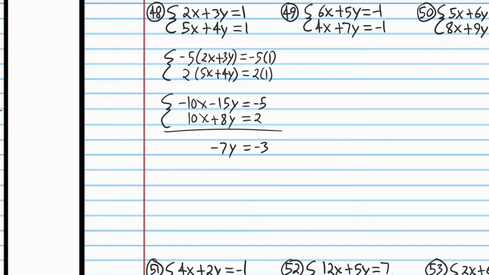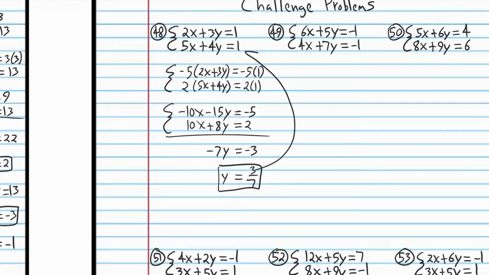And as you can see, it looks like we're going to get a fraction. Divide both sides by negative 7 and we get 3/7. So that's why this is a challenge problem, because if we have to plug this back into this equation, you can see that it's going to require some math.